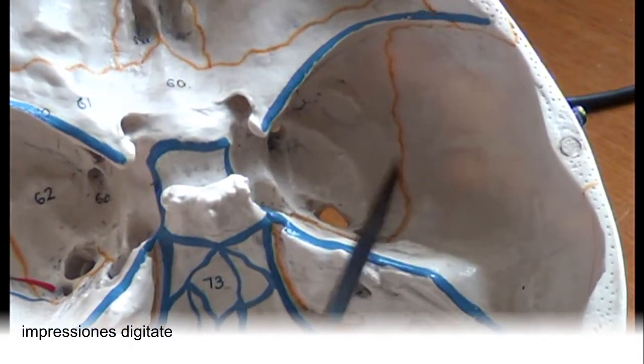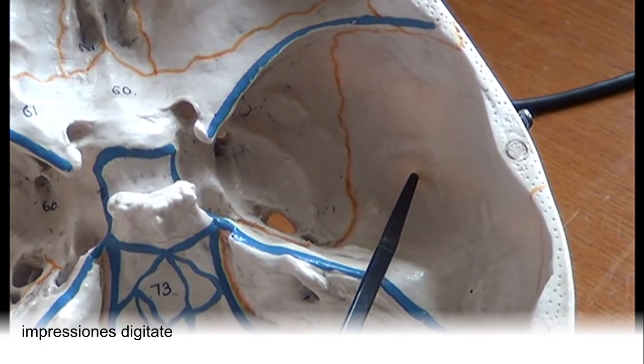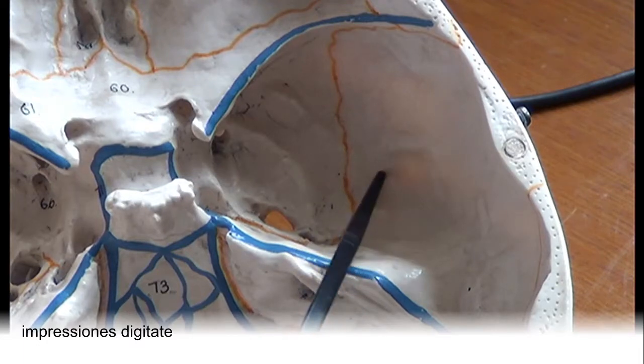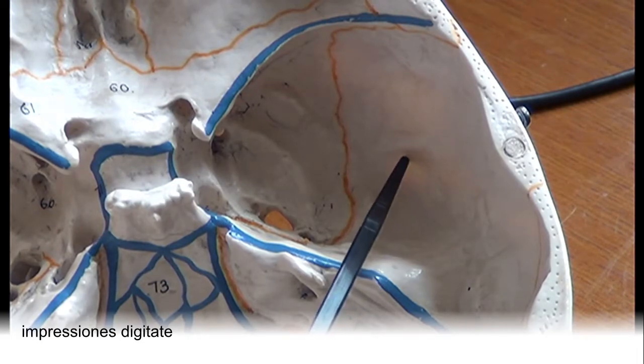But why did these impressions appear? Because the surface of the brain has a lot of gyri and sulci.